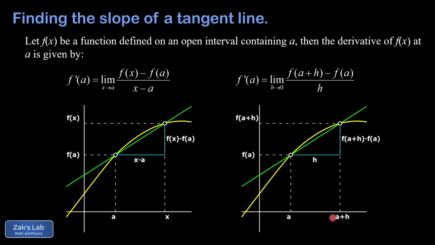So the right side x value is now a plus h, the y value corresponding to that is f(a plus h), and the rise on this interval is f(a plus h) minus f(a). So to find the derivative at a, we just take the rise over run between these 2 points on a secant line, and then we take the limit as the interval width shrinks to 0, but this time we write that as a limit as h goes to 0. Again, this is precisely the same geometry, just written in a little different notation.